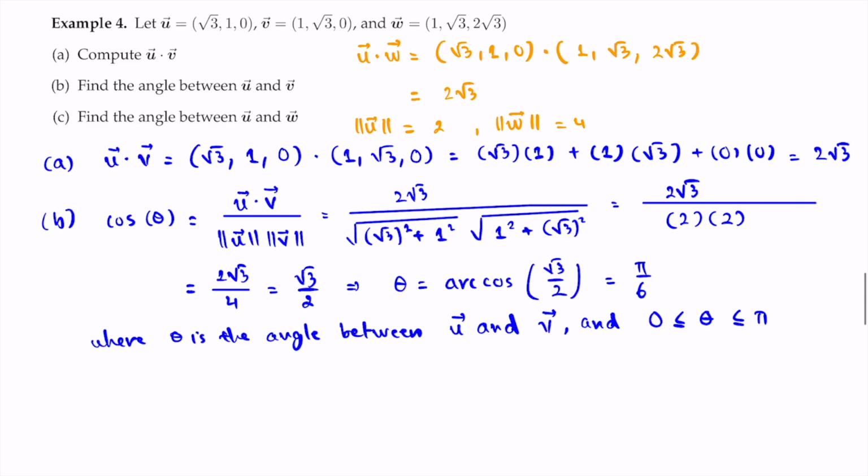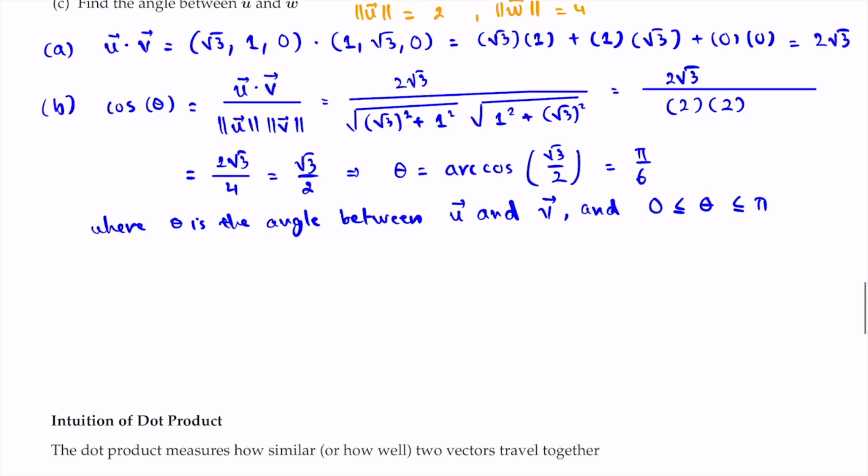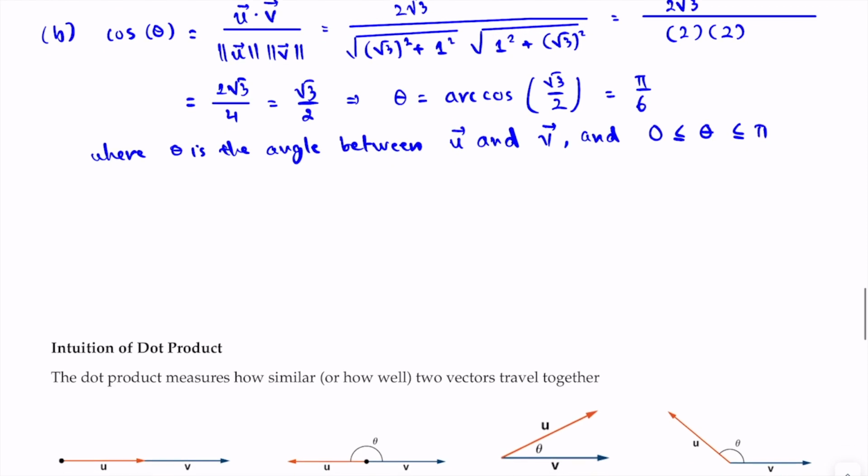And then with this information, I'm going to calculate the angle between u and w. So assume that alpha is the angle between the two vectors u and w. So for part C, cosine of alpha is equal to u dot with w divided by the magnitude of u times the magnitude of w.